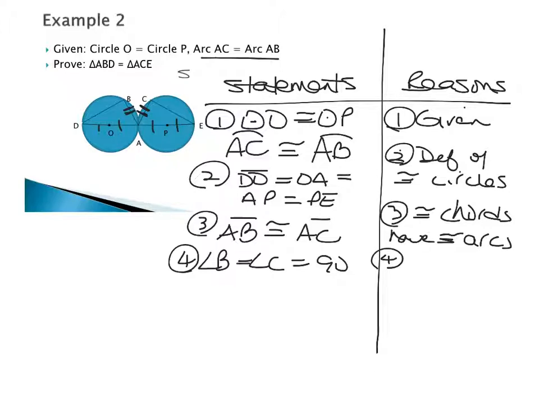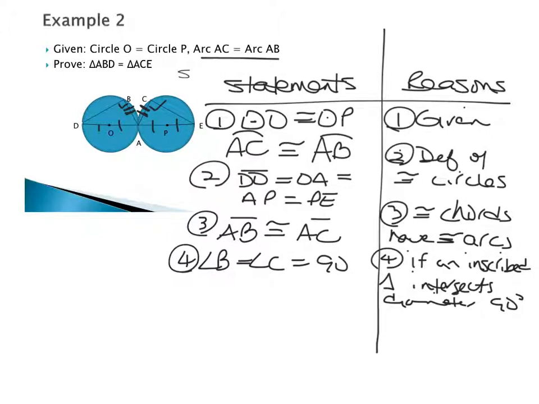And what this reason is, if an inscribed triangle intersects a diameter, or is inscribed then a diameter, then it's 90 degrees. Now I have a right angle here and a right angle here.